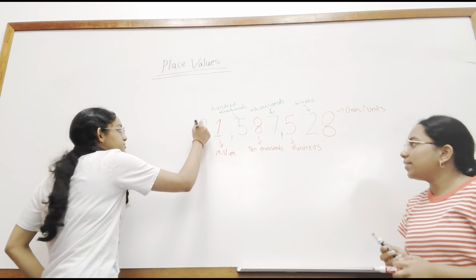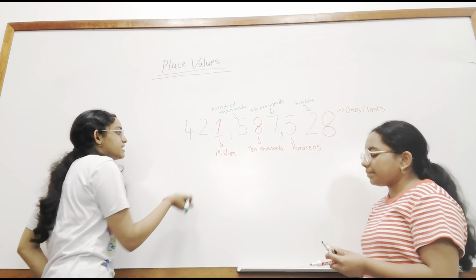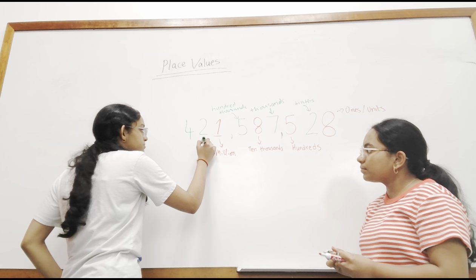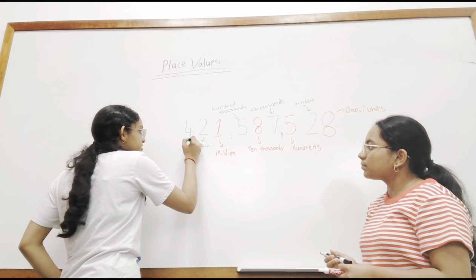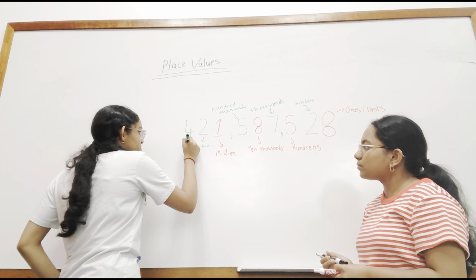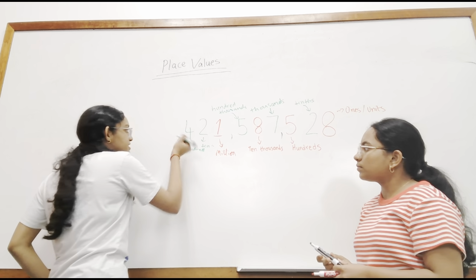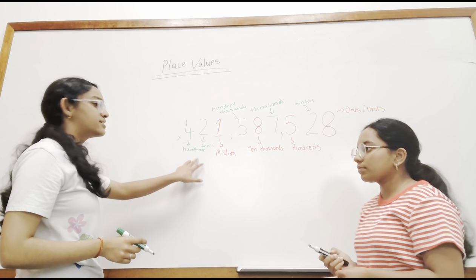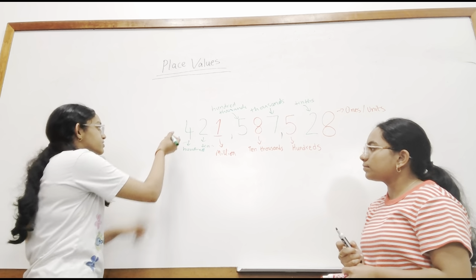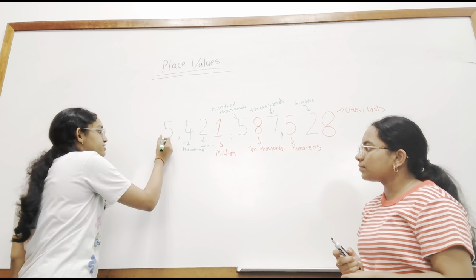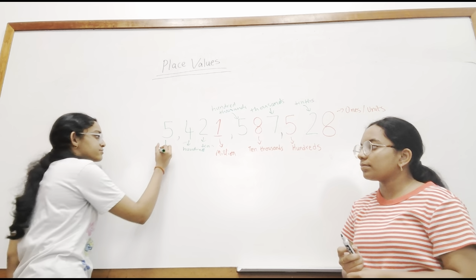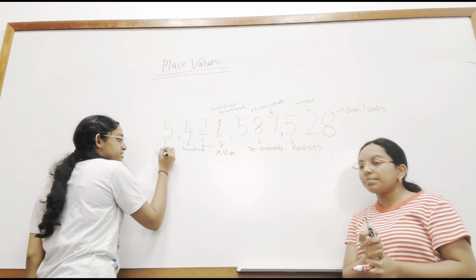For example, if we had that, this would be your 10 million. This would be your 100 million. And then again, you add a comma because remember it's a set of 3. And then you have another digit, for example, a 5. And now this is a new place, which is called the billion.